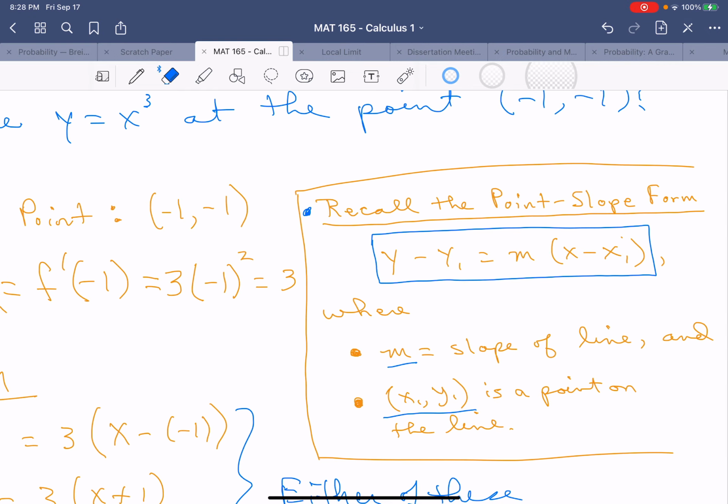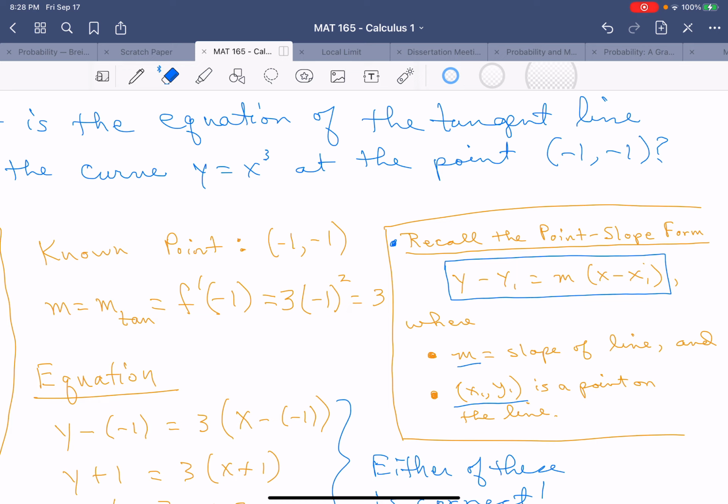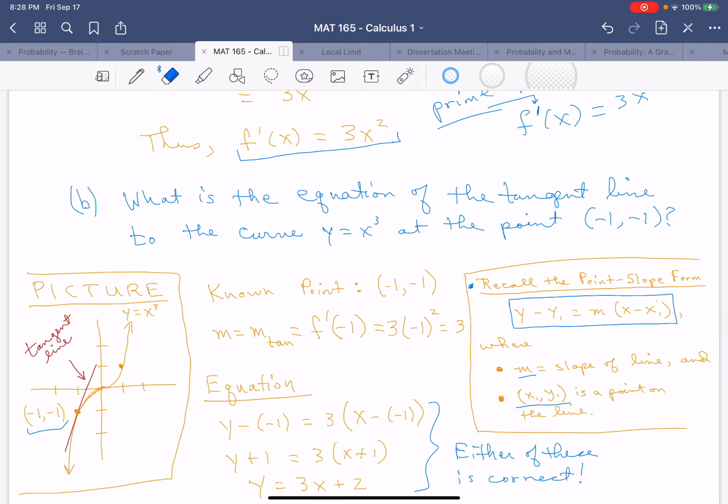So if you need to review all the different forms of the equation of a line, in particular this form, then do that, because like I said, we will see that a lot. Okay, so let's use that form of the line to answer this question. Let's find the equation of this tangent line.